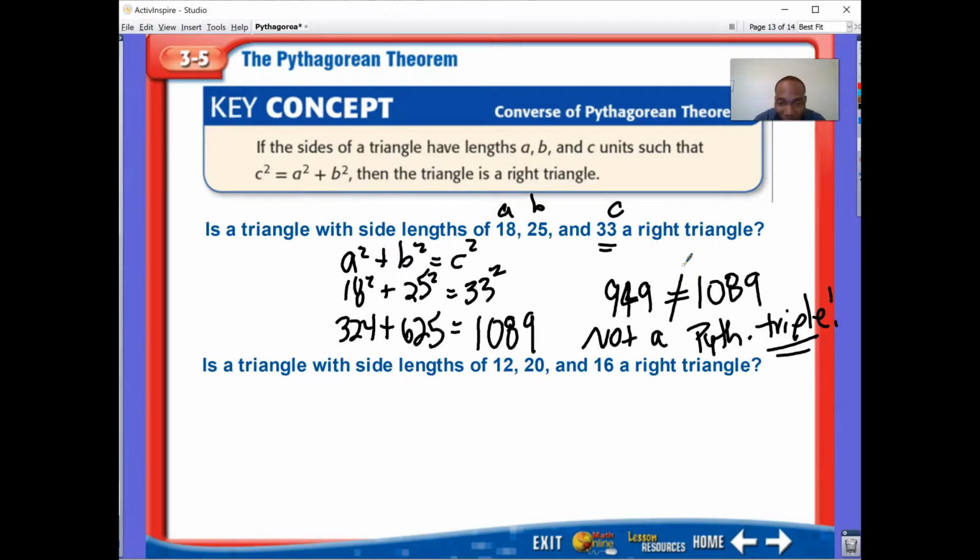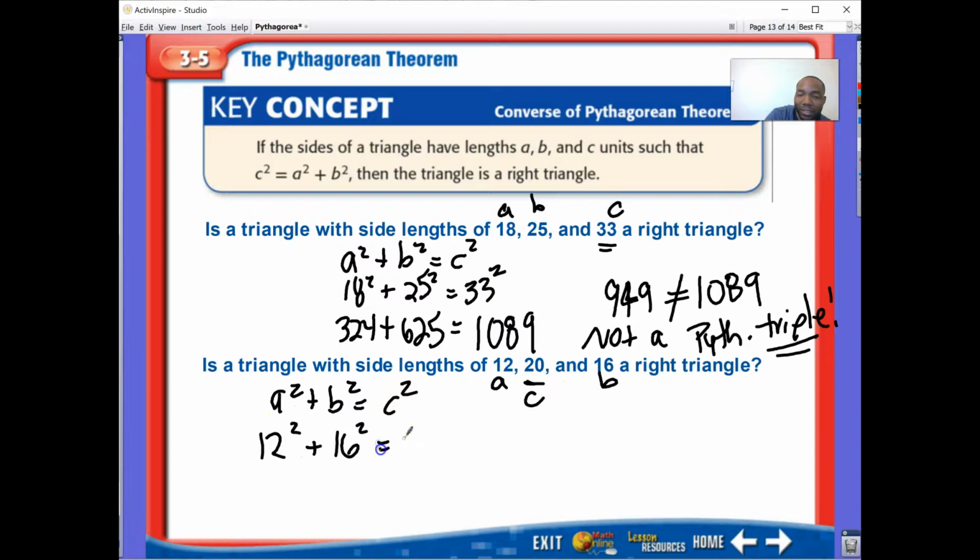So on the next one, we ask ourselves, is this a right triangle? This is the longest side, so this has to be C. I'm just going to let that be A, and this be B. A squared plus B squared equals C squared. Does 12 squared plus 16 squared give me 20 squared? That is the question I'm asking. So 12 squared is 144. 16 squared is 256. 20 squared is 400.